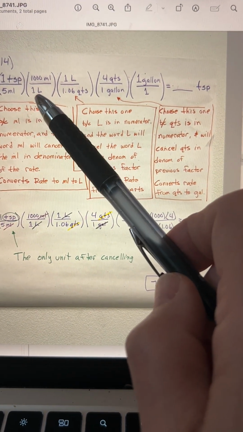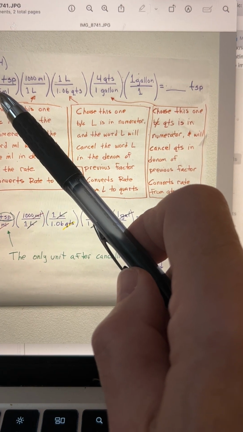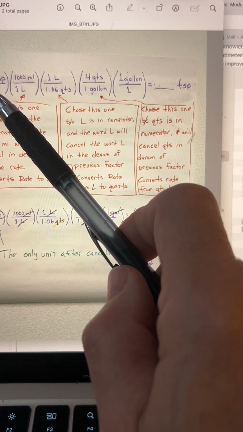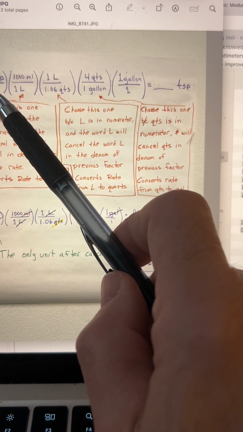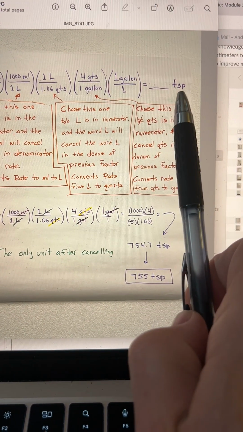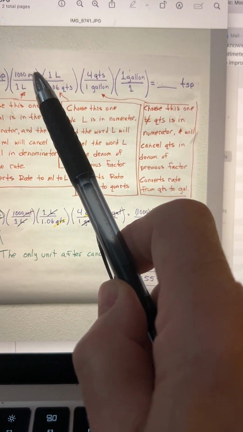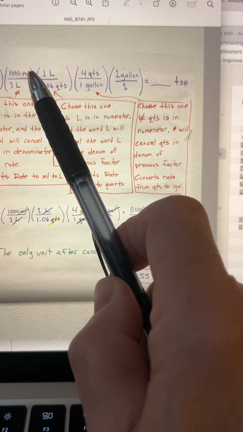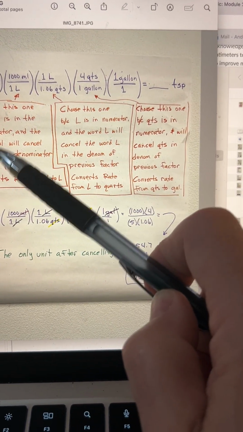So y'all are doing great in the class, realizing if I start with that one, this is now an exercise in canceling words. I want to get rid of milliliters on the bottom because milliliters is not on the top. So you put milliliters on the top, and here's the reasoning behind how to cancel.